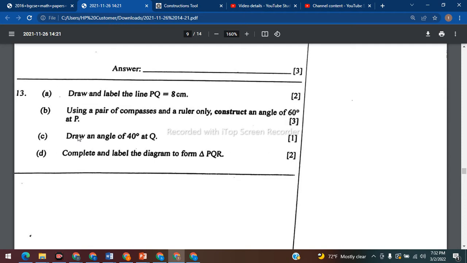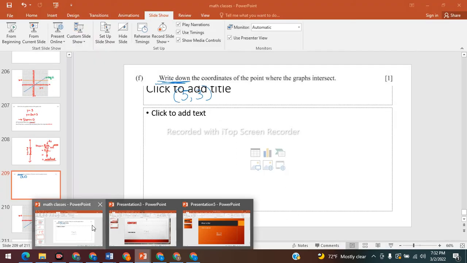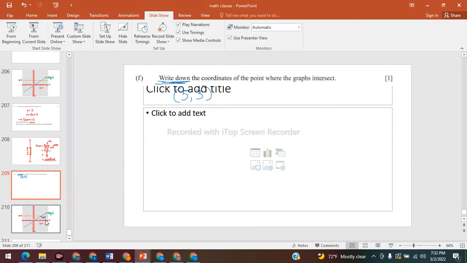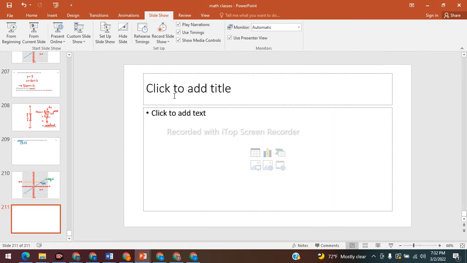So when they say construct, there's a difference. When they say construct, what instrument do we use? Protractor? No. If they say construct, compass. Yes. So, these are the terminologies.